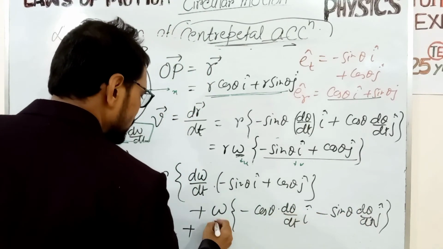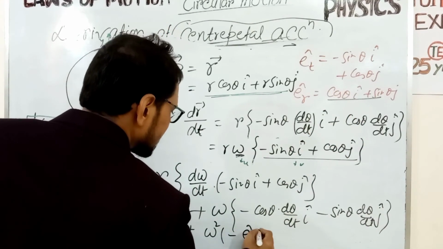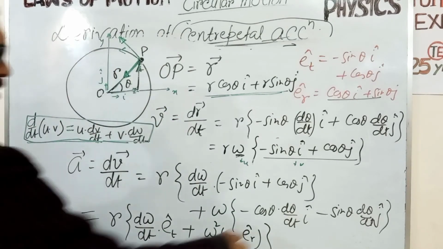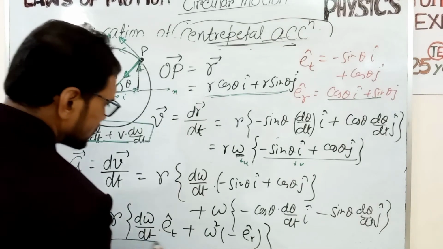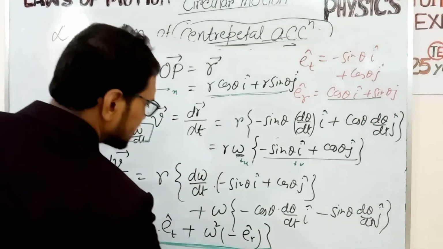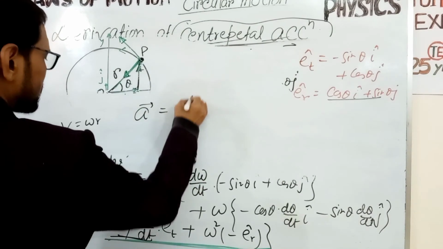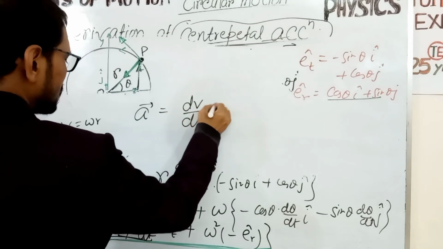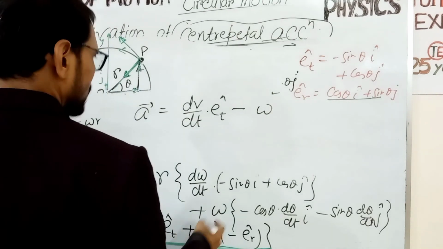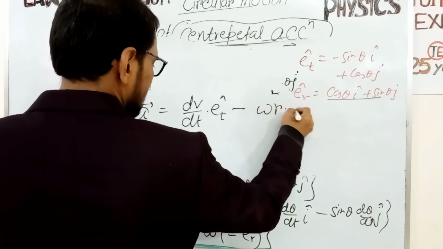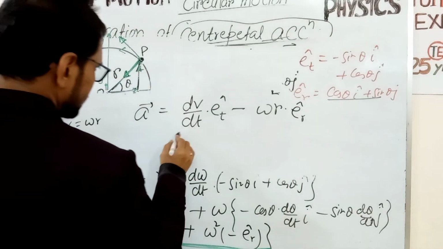If we take d theta by dt common, we get omega square into this. Now this is the result. So r d omega by dt is actually dv by dt into et, minus omega square r into er. So here we get two components.